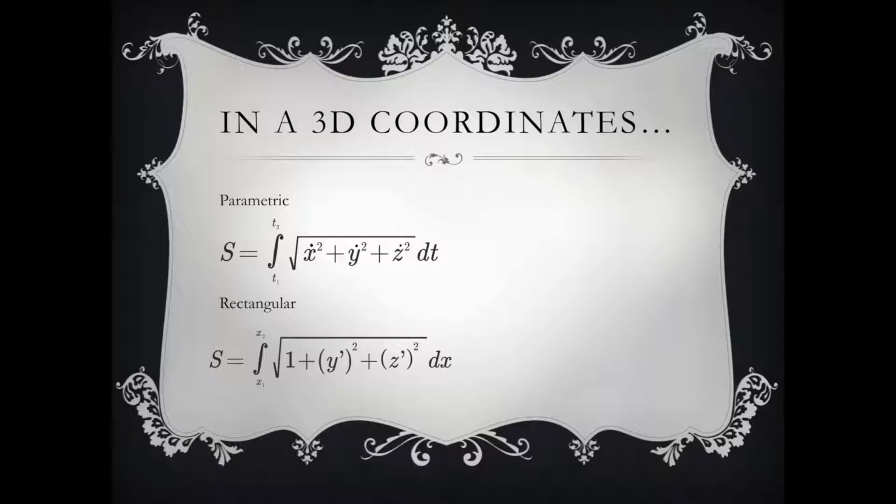You see, in 3D coordinates we have one more coordinate, which is the z coordinate, which is why the equation changes into this form. Also, in rectangular coordinates, the equation becomes s equals the integral from x1 to x2 of the square root of 1 + y′² + z′² dx.